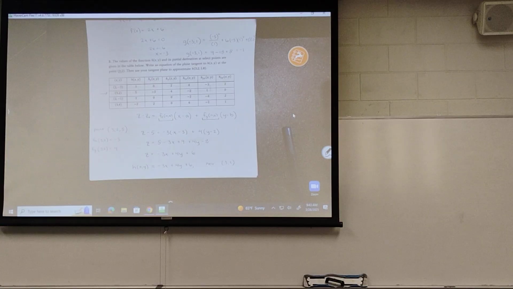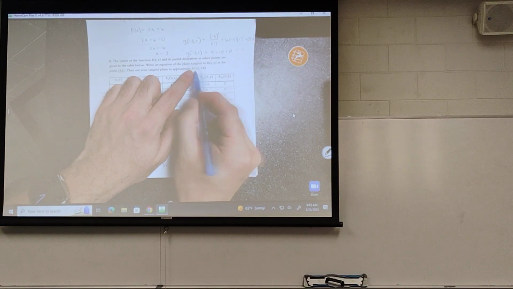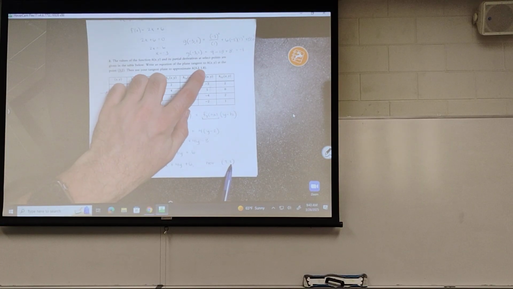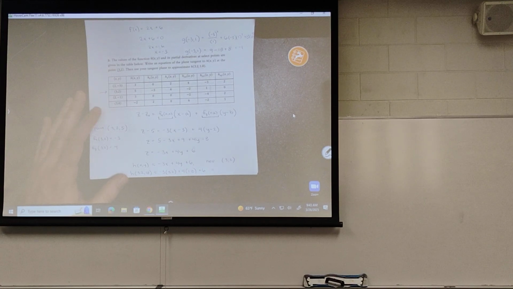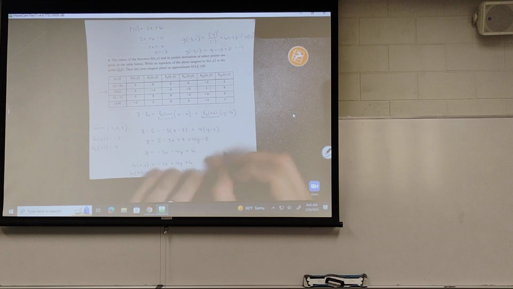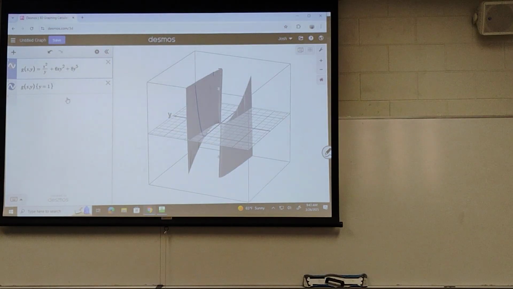So now if I want to approximate a point next door, like 3.2, 1.8, then I can just go ahead and plug that in. Let's just go right there.